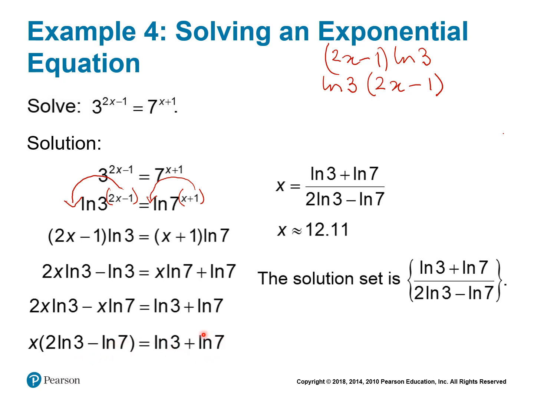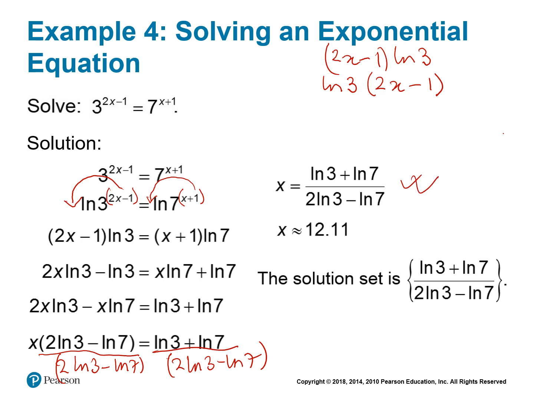There's nothing to factor out from the right hand side, so that remains as ln 3 plus ln 7. And now finally we solve for x by dividing both sides by 2 times ln 3 minus ln 7, and that's what they have here.